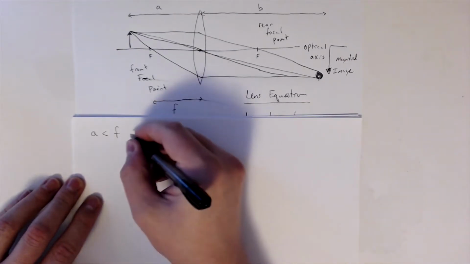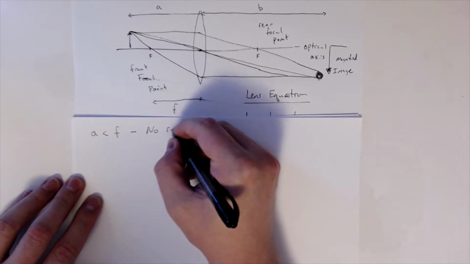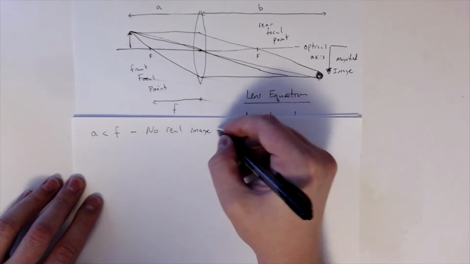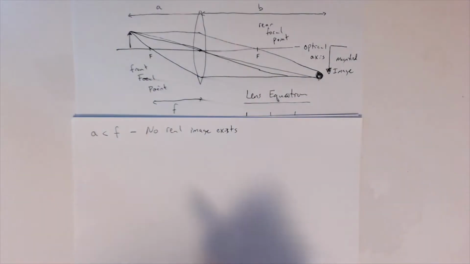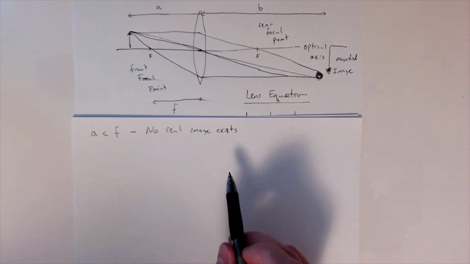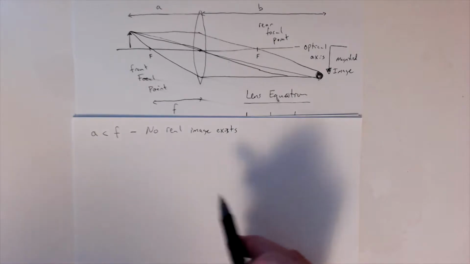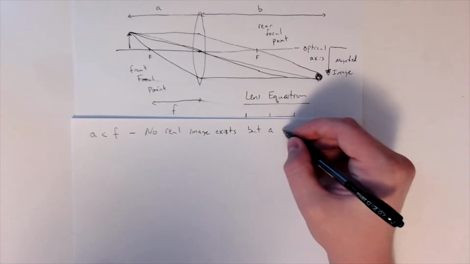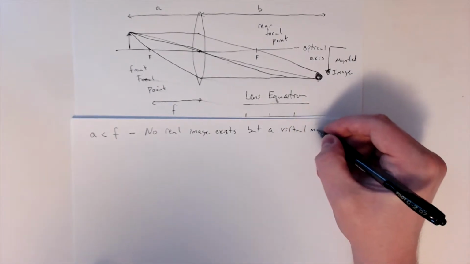So what happens in this scenario is we have no real image. If we put the lens into this scenario, no real image is going to exist, but we do have a virtual image. And it's going to be magnified.